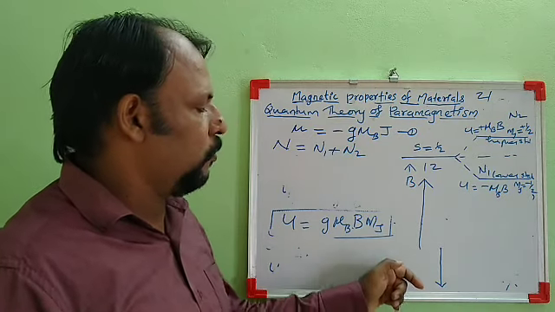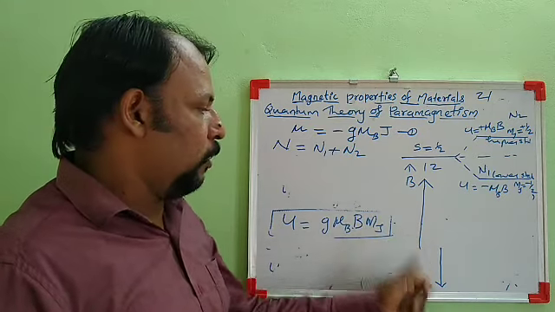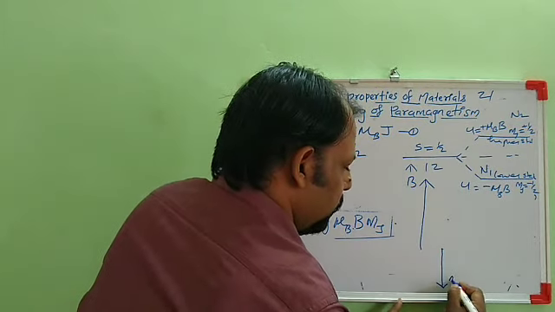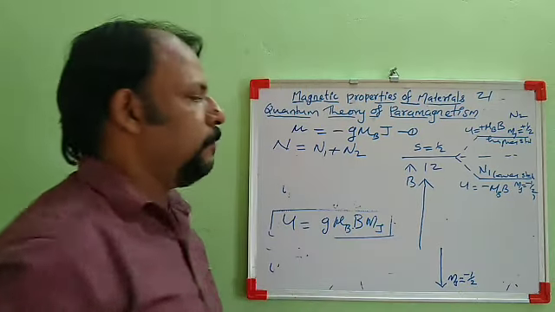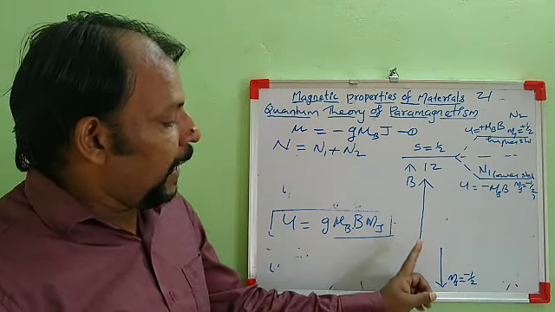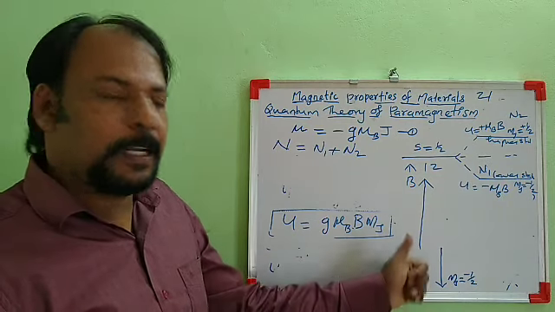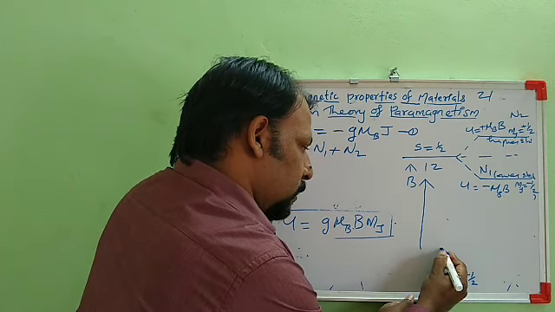We know that for electron, the magnetic moment is opposite to the direction of angular momentum. This corresponds to Mj minus 1 by 2. If Mj is minus 1 by 2, then its magnetic moment will be opposite to the direction of angular momentum.